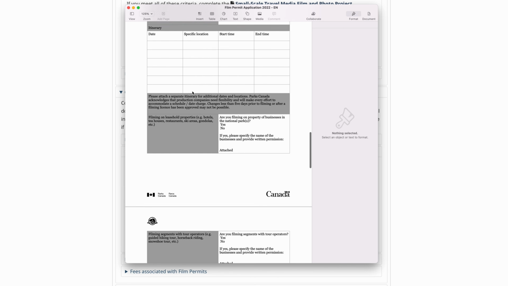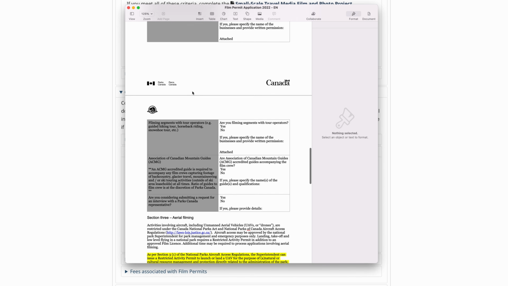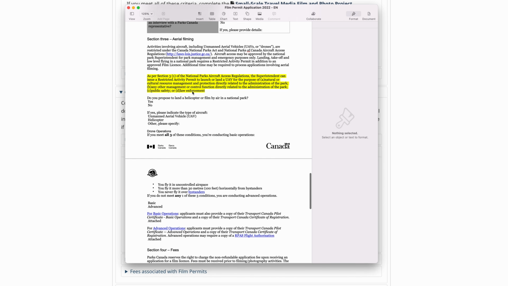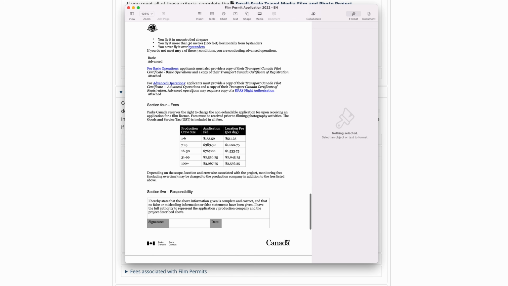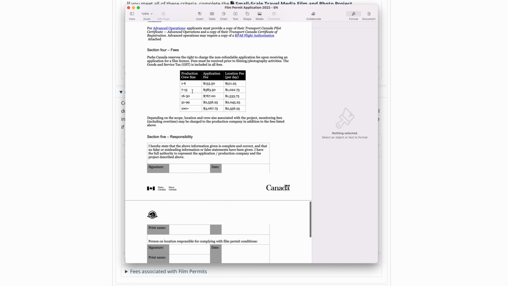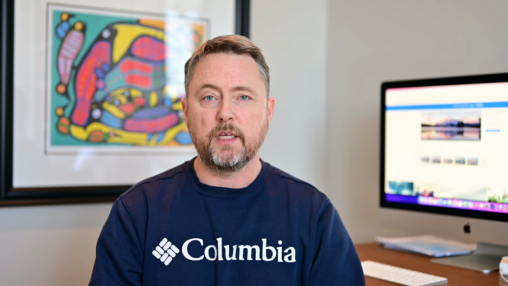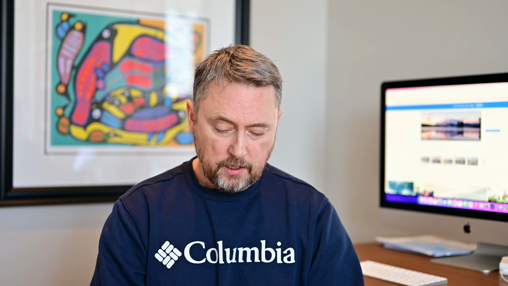Where it would become an issue is that if you are a small creator and you, for some reason, don't fall within that small travel category, then it's almost impossible to meet the requirements of these commercial film permit processes. And of course, these permits cost money. So there's a schedule of fees at the end that shows you what you're required to do in order to do certain things.